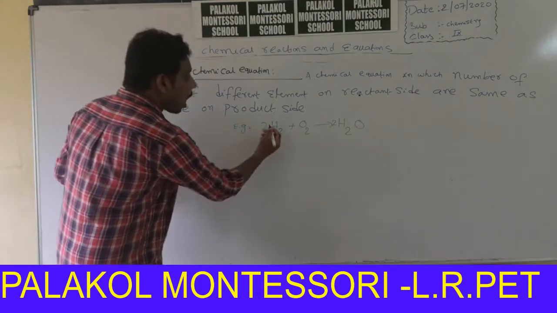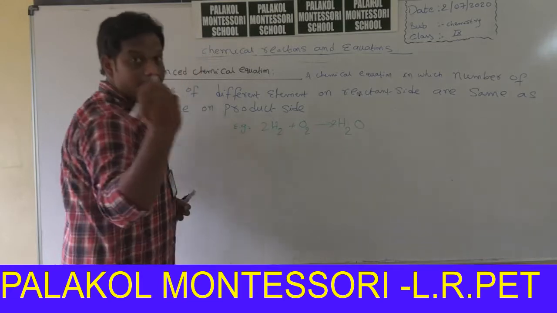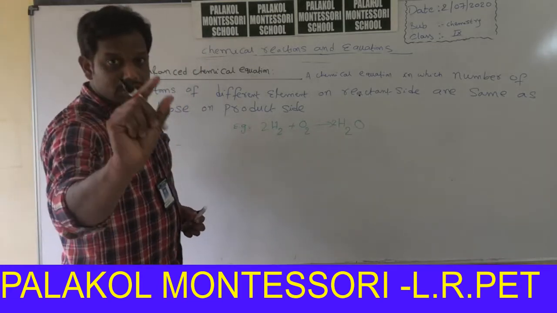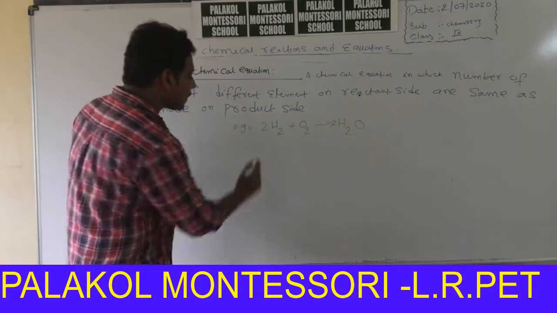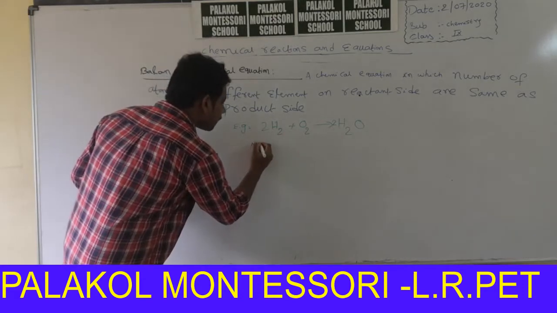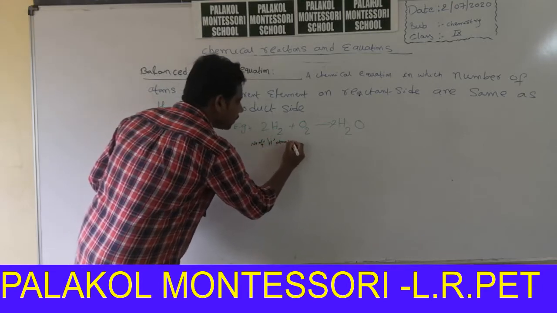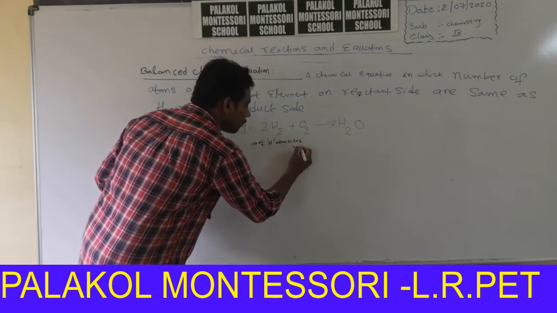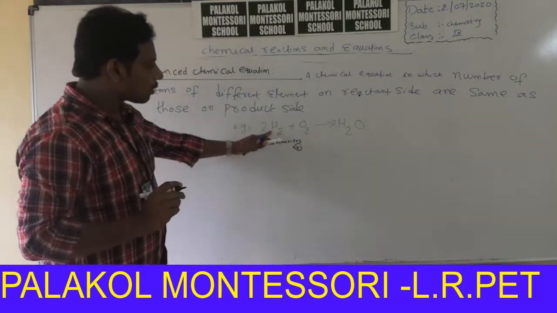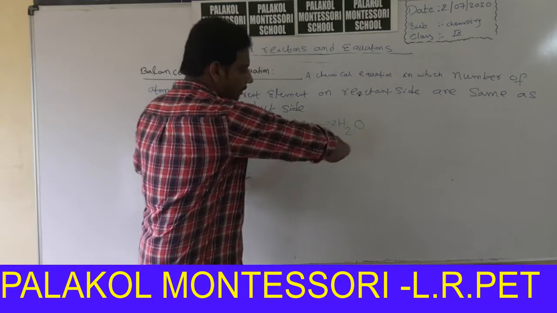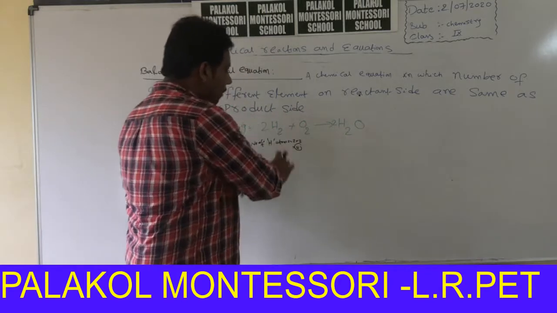Observe how many hydrogens are there. I already told you, whenever you have both a subscript and a stoichiometric coefficient, just multiply these two. Number of hydrogen atoms equal to 2 into 2, that is equal to 4. Number of hydrogen atoms on the left hand side, the left of the arrow mark, is 4.